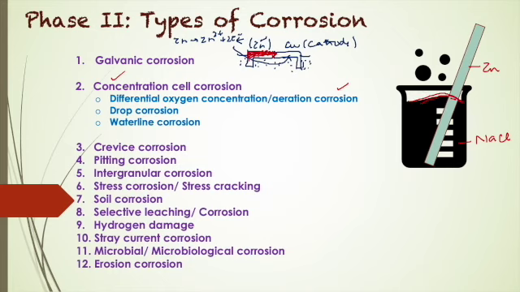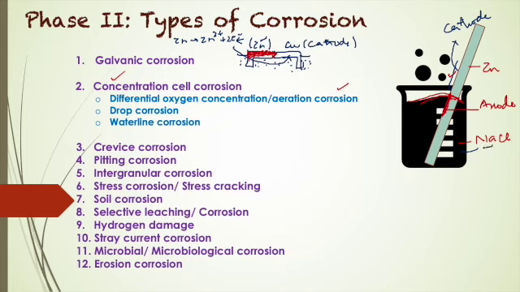The portion of the rod below this level is getting a lesser supply of oxygen as compared to the portion of the zinc rod which is freely exposed to oxygen. So the less aerated part becomes the anode, and the more aerated part will start behaving as a cathode.